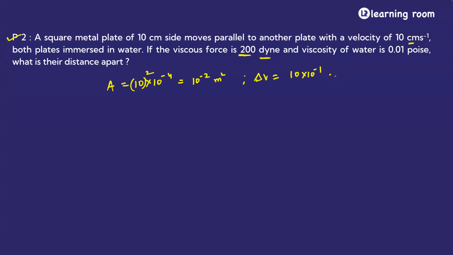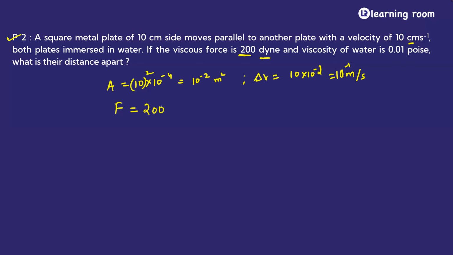So how much is it going to be? Sorry, 10 power minus 2 will be 10 power minus 1 meter per second. Right. Both plates are immersed in water. If the viscous force is 200 dyne, so capital F is equal to how much?